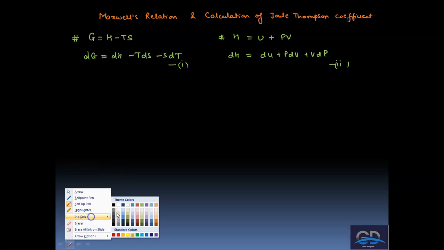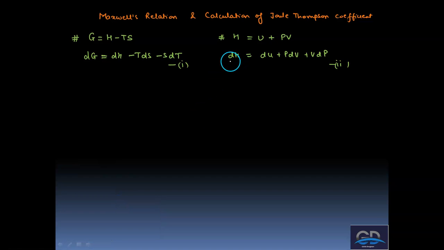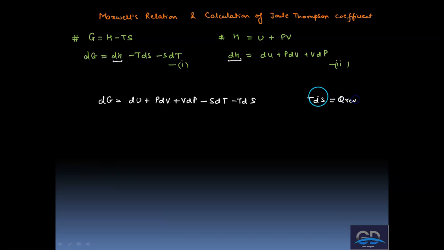Now over here, if I put the second equation's dH expression, what do I get? I get dG is equal to, putting the expression for dH, dU plus PdV plus VdP minus SdT minus TdS. Now over here we know that TdS is nothing but dQ reversible. That is how the change in entropy is defined.